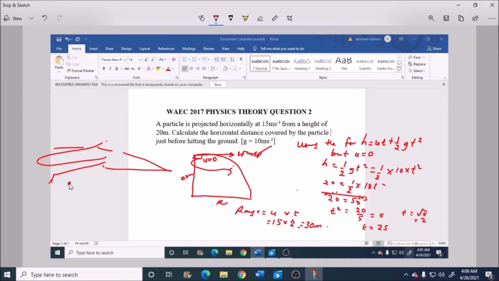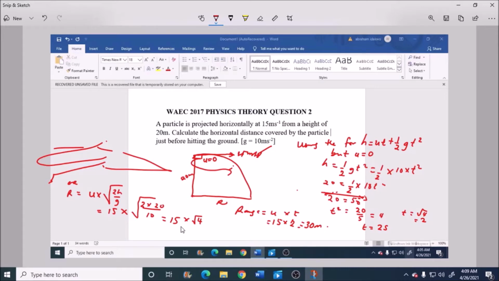This will give us 15 times root 4, which is 15 times 2, which is equal to 30 meters.